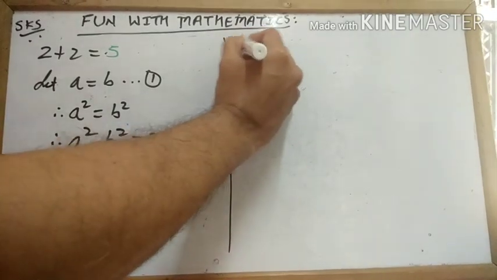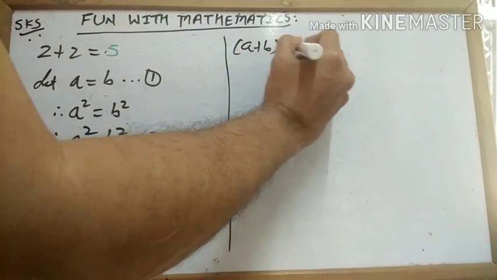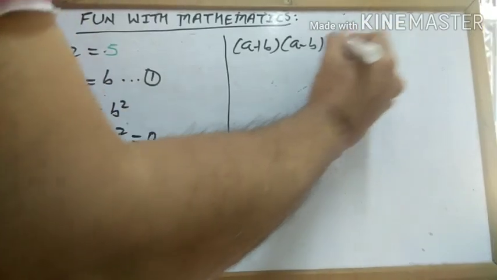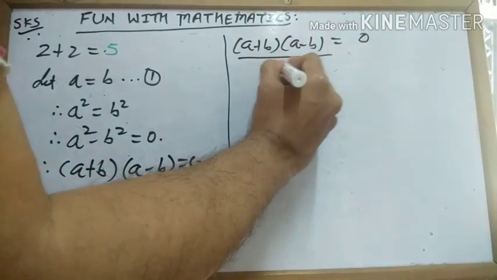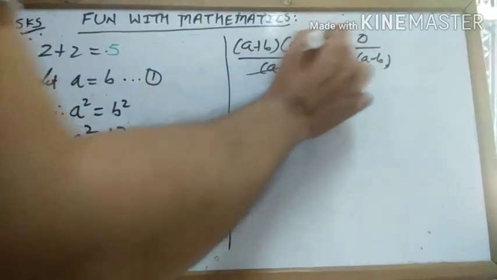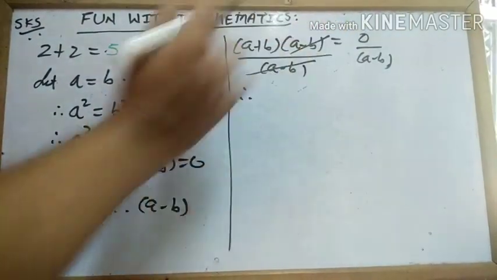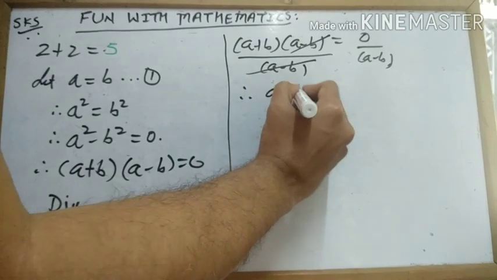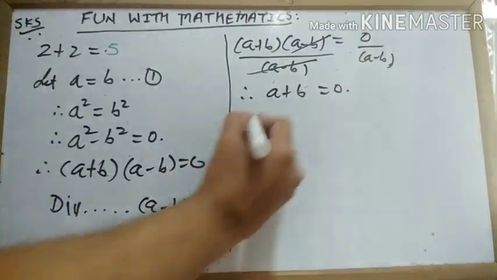So A plus B into A minus B equal to 0, whole divided by A minus B, here also A minus B. Fine, A minus B gets cancelled. A plus B equal to 0.